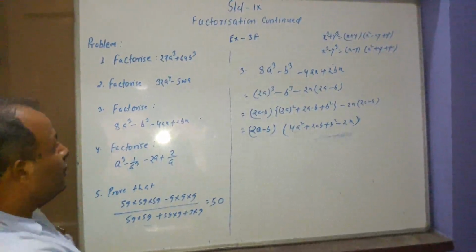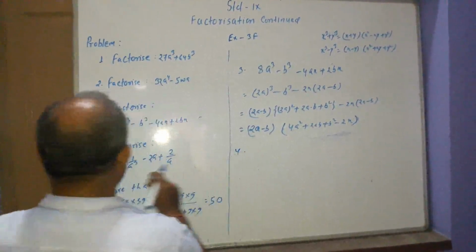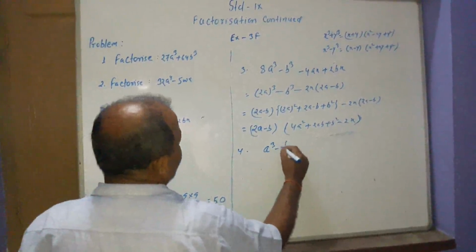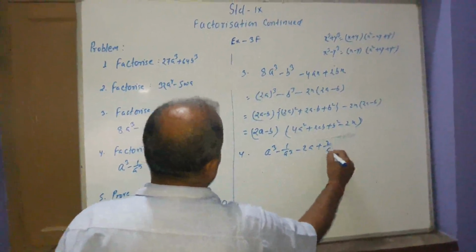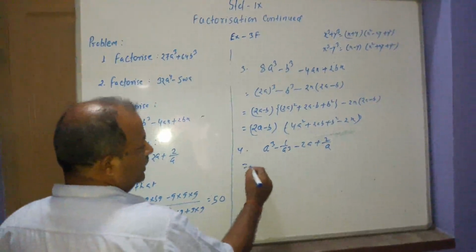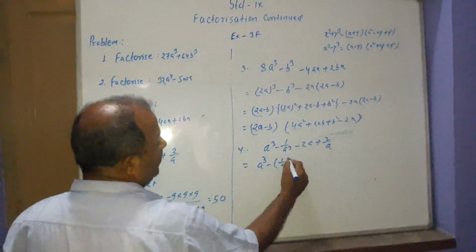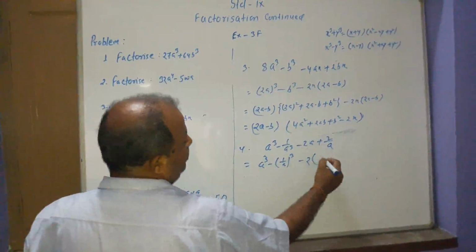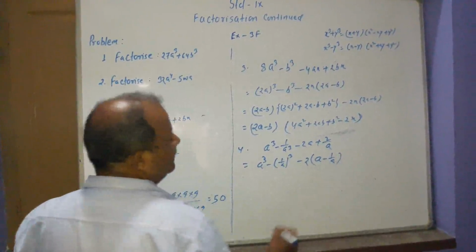Okay? Now we come to solve the fourth problem, where we have to factorize a cube minus 1 by a cube minus 2a plus 2 by a. Here we take a minus 1 by a as common from the second part, then we are left with a cube minus 1 by a cube.